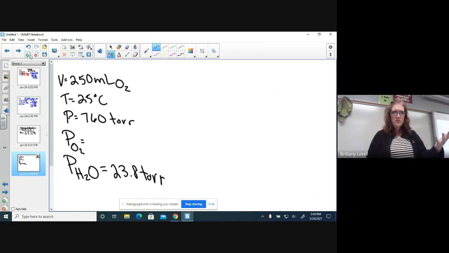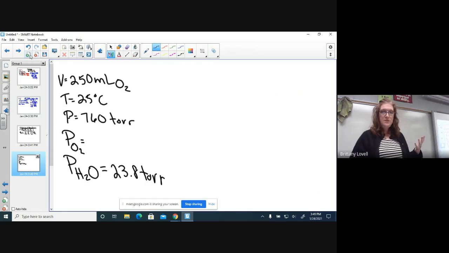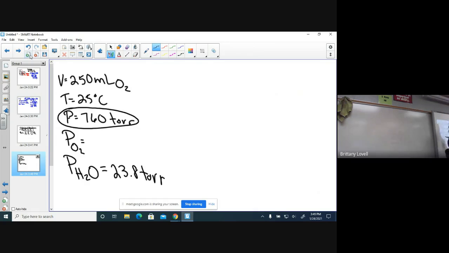Well, what's the total pressure of the system? They said here it was 760 torr. So for this particular problem, you've got a lot of numbers here, but you only need like 2 of them. You need the total pressure of the system. This was the total pressure of the system. And then you're going to be needing these 2.